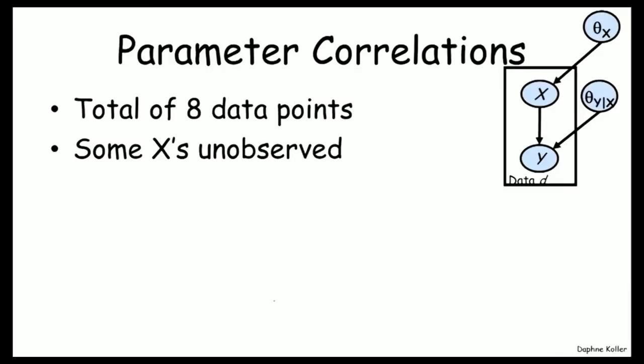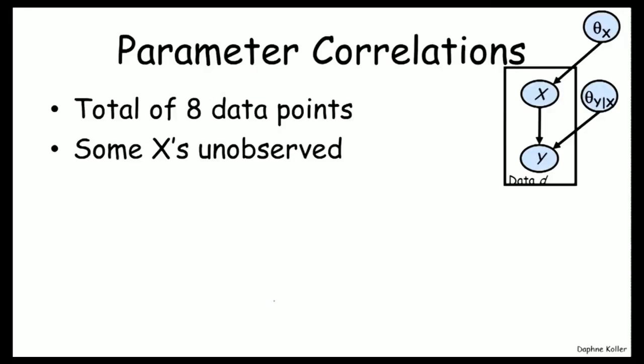The second problem that we have, in addition to multimodality, is the fact that the parameters start being correlated with each other. So if you remember, when we were doing the case of complete data, we had the likelihood function being composed as a product of little likelihoods for the different parameters. What happens when we have an incomplete data scenario?